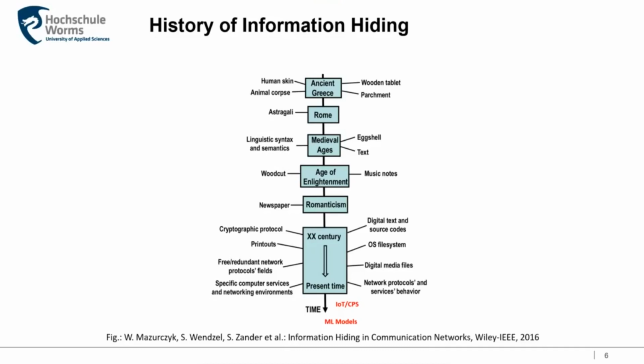My focus in today's talk is network protocols and network services. This is just to give you an impression of how this can be placed in the history of that domain, which, similarly to cryptography, is pretty old.